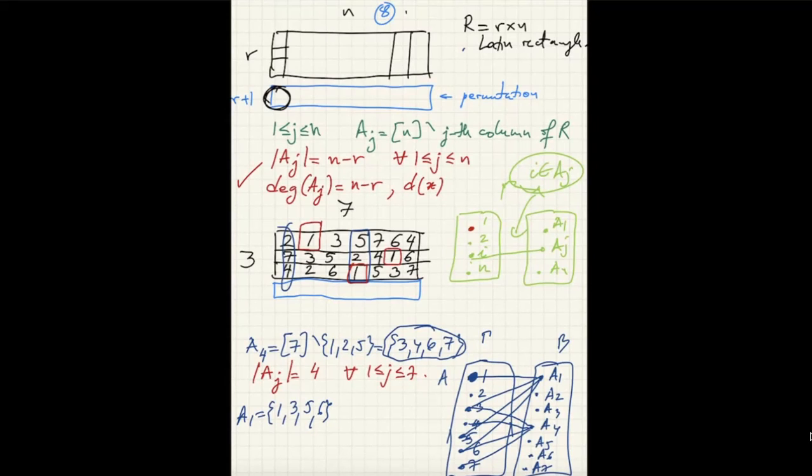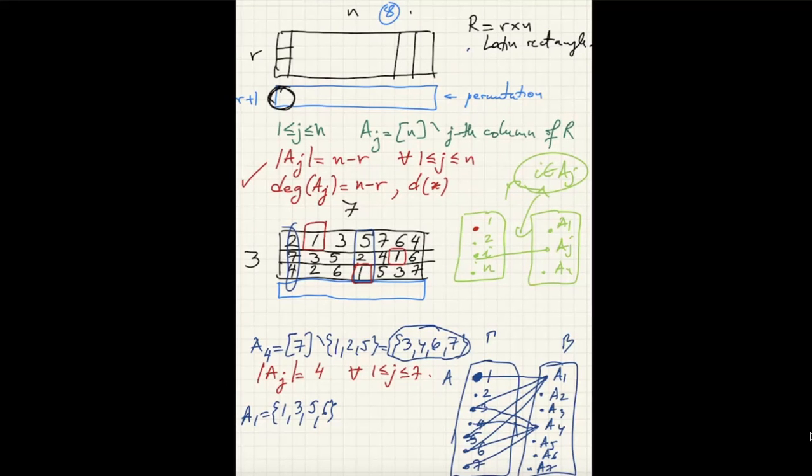So we have 3 rows, so we have 3 ones, and so we're going to have 3 columns in which 1 appears. So in this case, those are the columns in which 1 appears. Therefore, that means that there are 4 columns in which 1 does not appear.